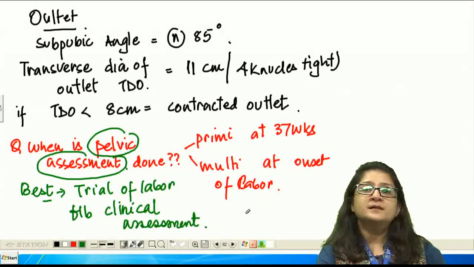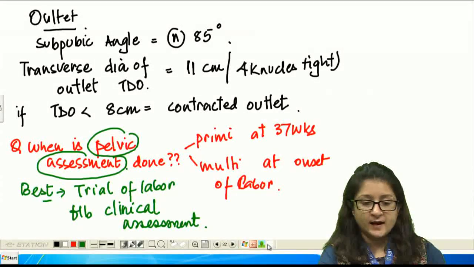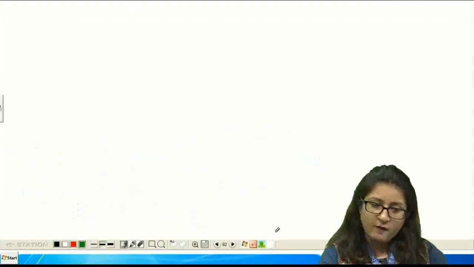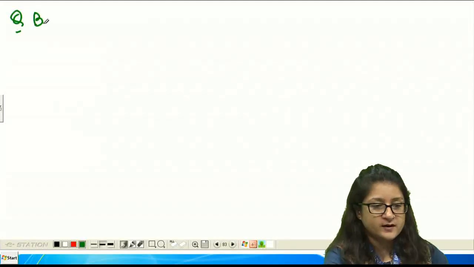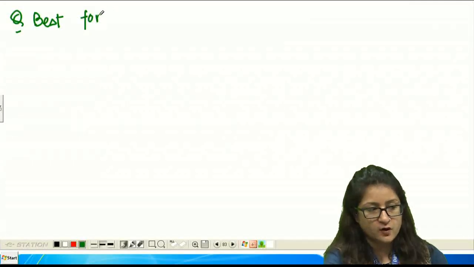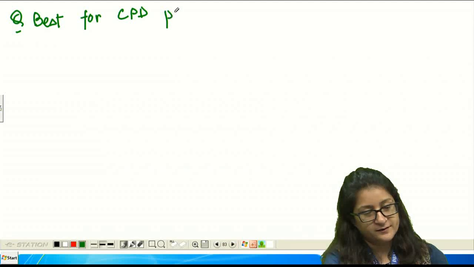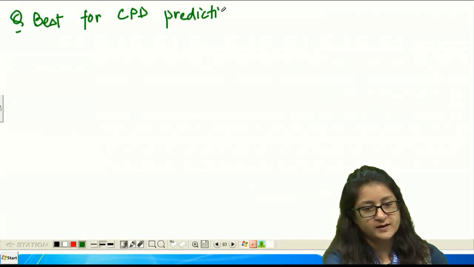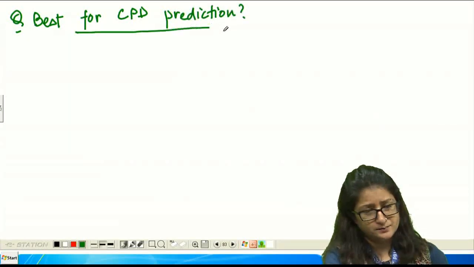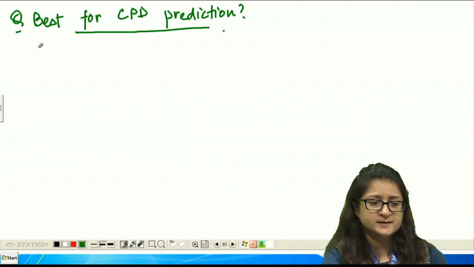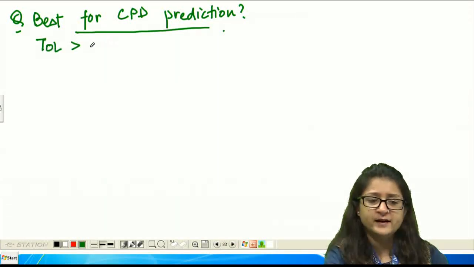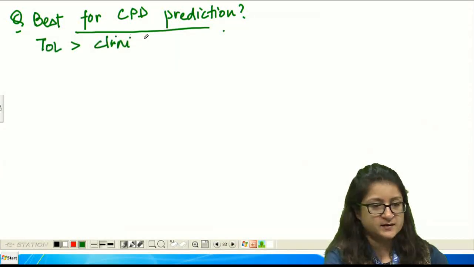This question can be asked in another form, like what is best for CPD prediction, cephalopelvic disproportion prediction? The answer is trial of labor and then clinical assessment.